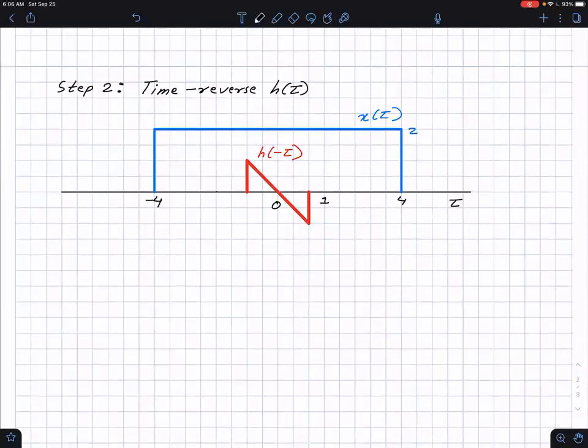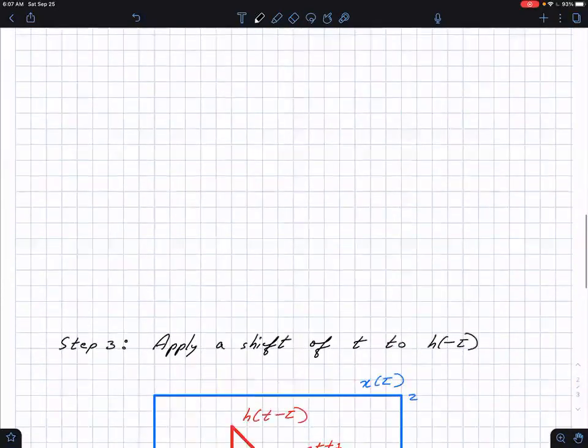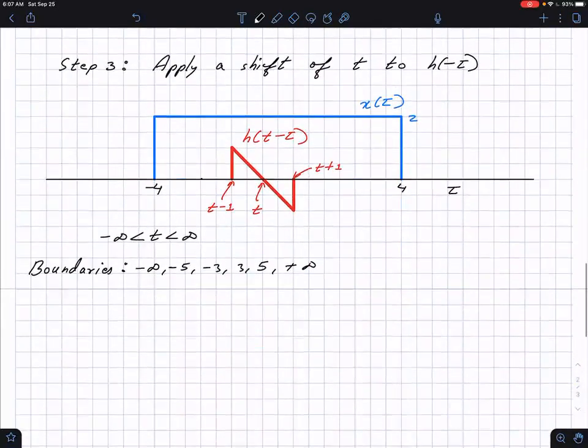Step 3 is we need to apply a time shift of t to h of minus tau. And again, we don't do anything to x of tau. We just apply a shift to the red function h of minus tau. Okay, so this is what we do, step 3. The center of the red function was initially at 0.